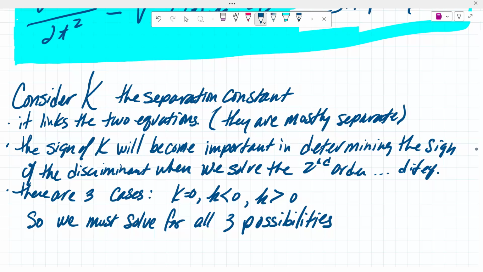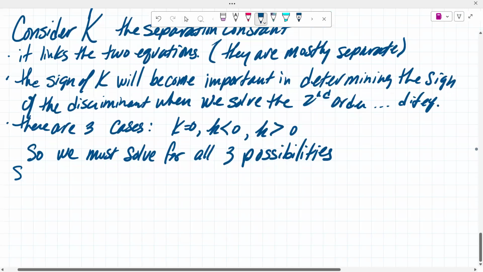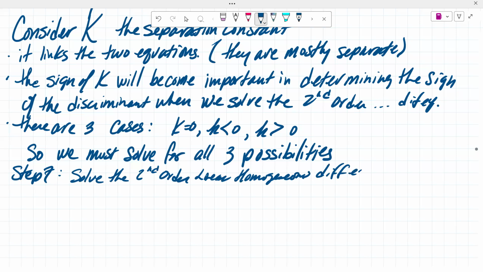All right. And then step 7 of this whole thing is solve the second order linear homogeneous equation according to what we did last time.